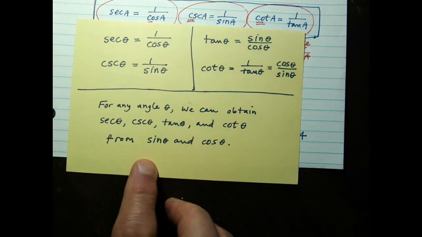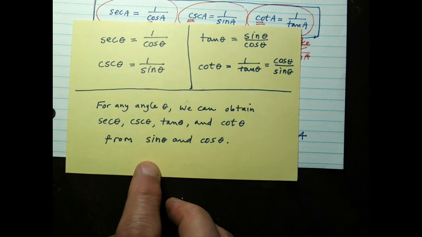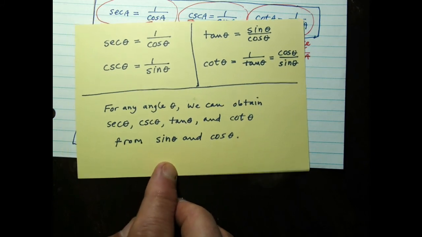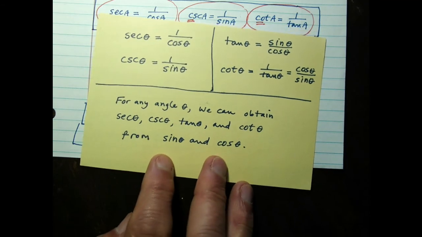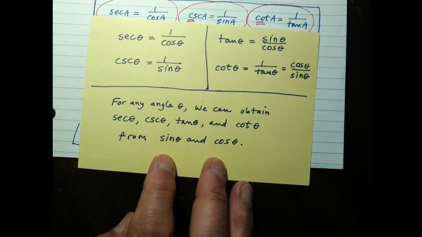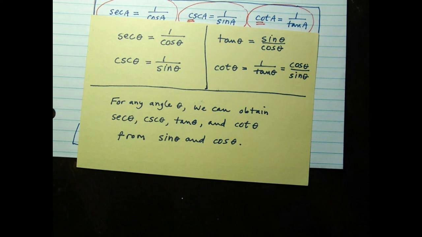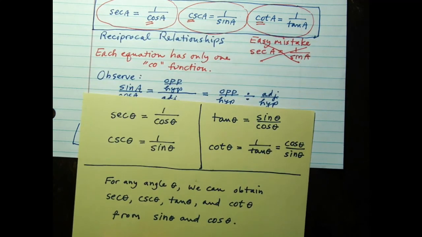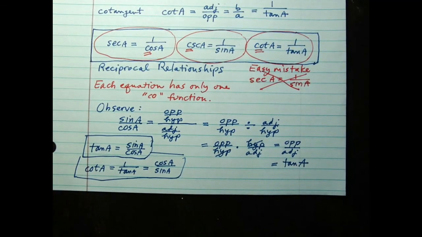So for any angle theta, we can obtain secant, cosecant, tangent, cotangent from sine theta and cosine theta. Often in problems, we'll just figure out what the sine of theta and cosine theta are first, and then we just write down what all the other functions are from sine and cosine. So we'll do an exercise with this in the next video.